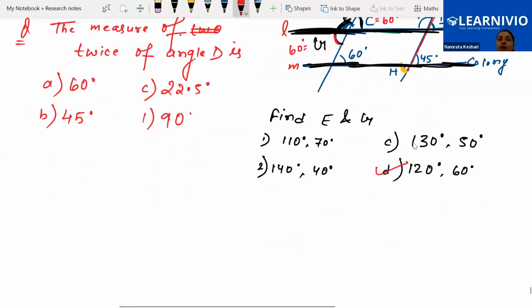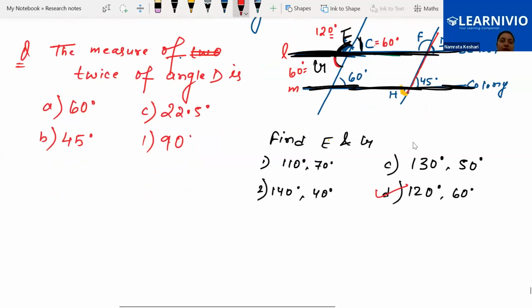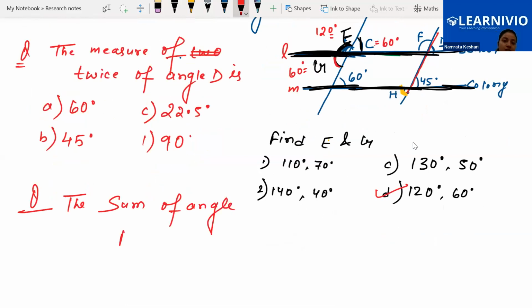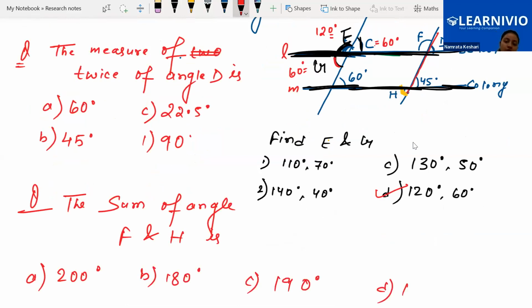So just by looking at D, don't mark 45 degree. It will be 90 degree. Now, what is the sum of angle F and H? Option A, 200 degree. Option B, 180 degree. Option C, 190 degree. And option D, 150 degree.